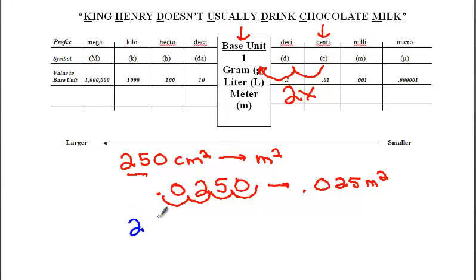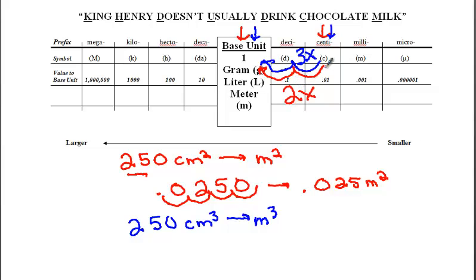Let's say I wanted 250 centimeters cubed to meters cubed. Still treat it as 1 dimension. Base unit of meter, centimeter here, we would have to move it 2 spots to the left. But now, instead of moving it 2 spots, we need to take into account cubic units, and we need to do that 3 times the amount because we're talking about 3 dimensions.